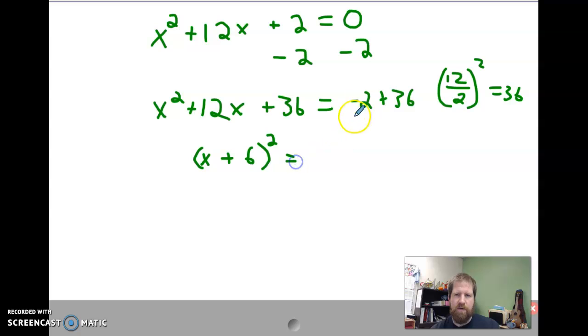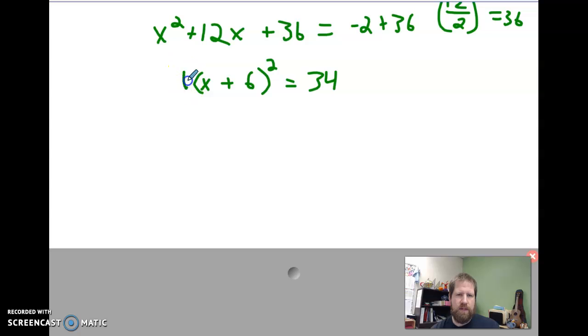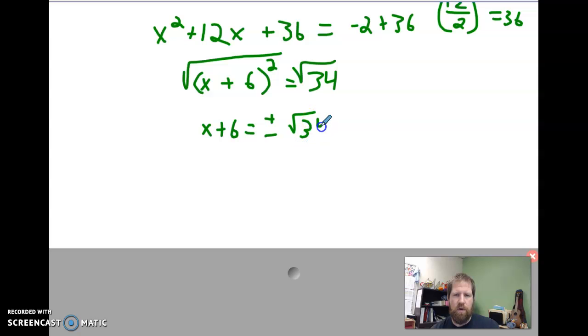Okay, and over here I have 36 plus a negative 2, or 34. Okay, so square root both sides. X plus 6 is equal to the positive or negative square root of 34.